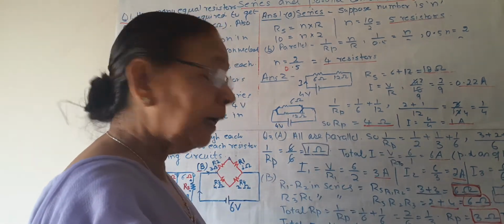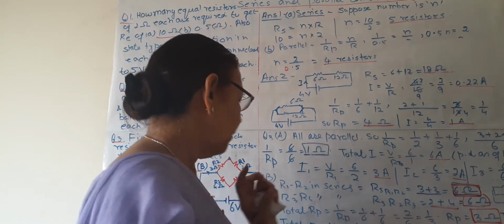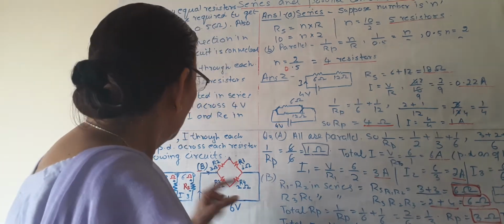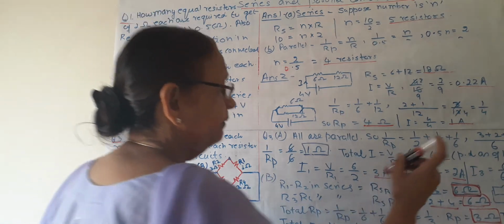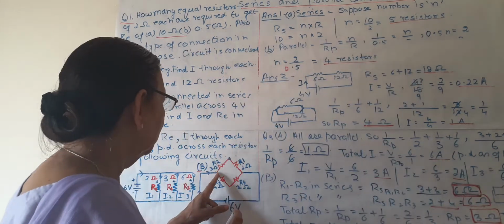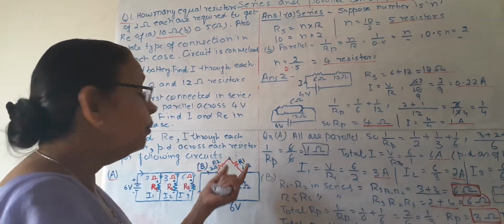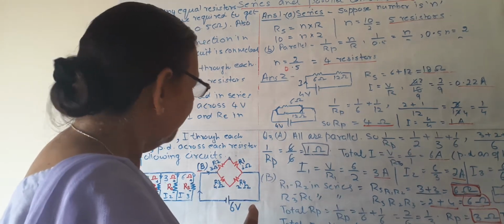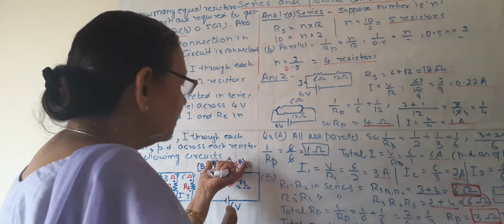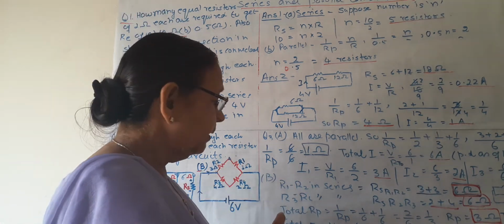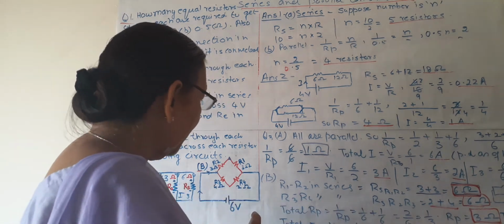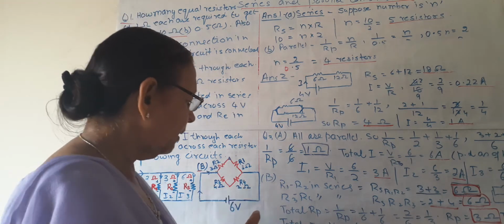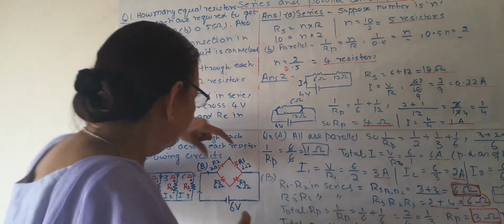Now if we want to calculate I in R5, the upper 2 series resistors, V is the same 6, and the total resistance of these 2 is 6. So this will be 1 ampere. Likewise R6, this lower one, is also 6 upon 6, 1 ampere.